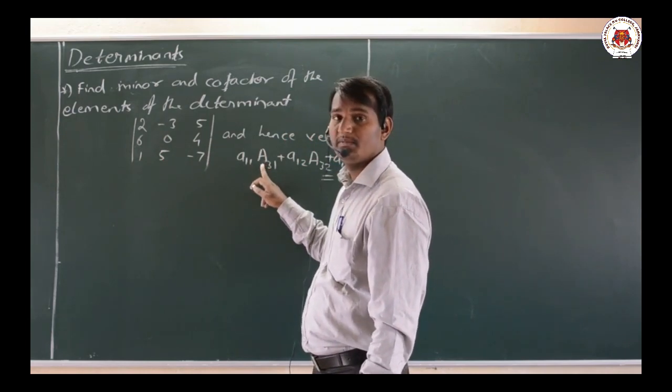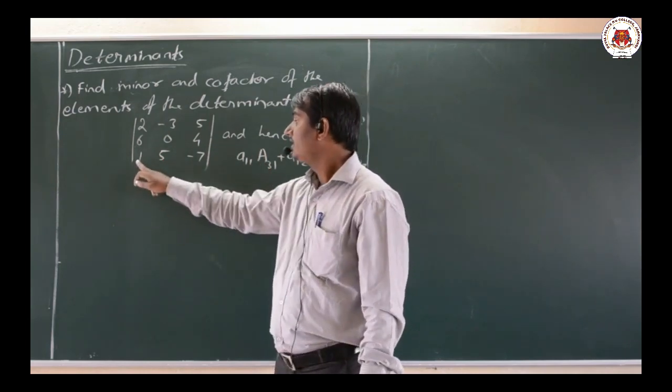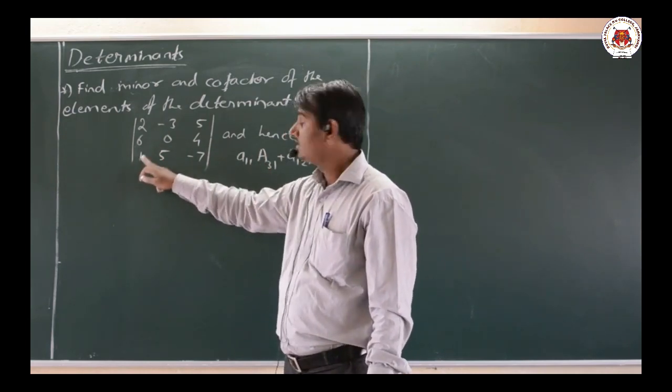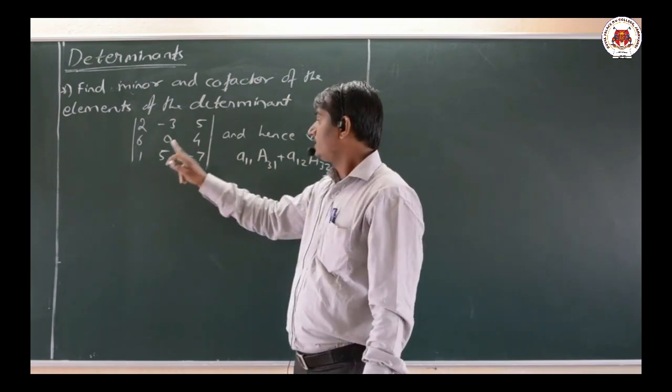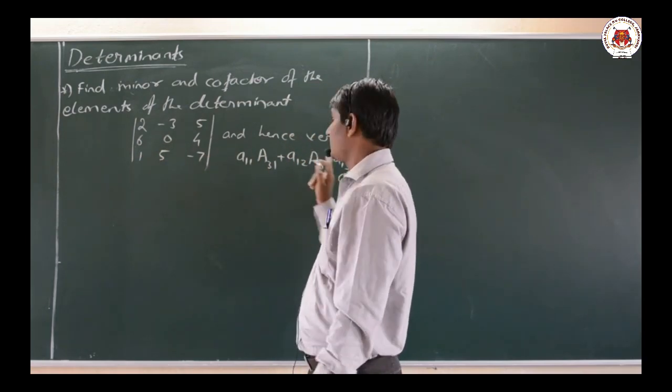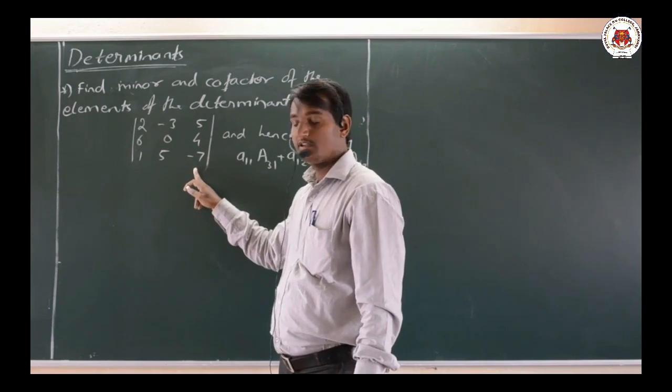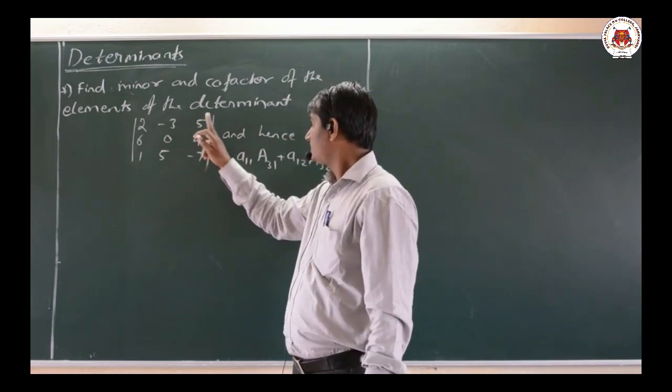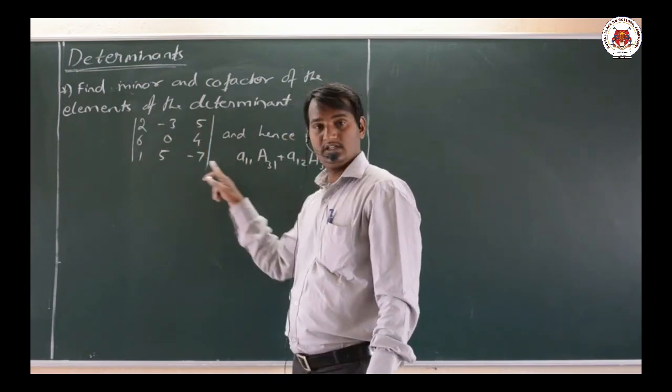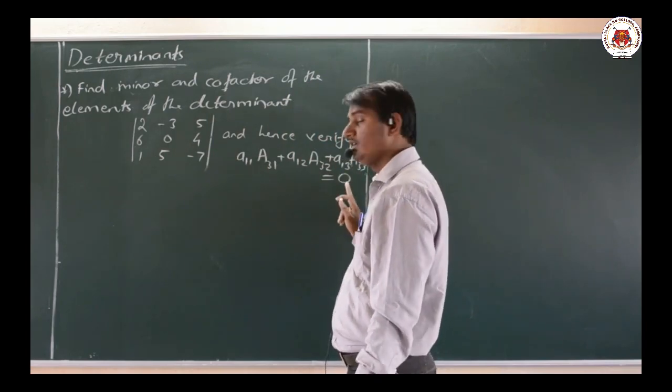Capital letter A means the cofactor: A31 is the cofactor of 1, A32 is the cofactor of 5, and A33 is the cofactor of minus 7. If you multiply the elements of the first row with the cofactors of the third row, the sum will be 0.